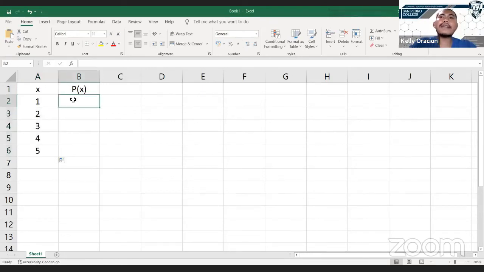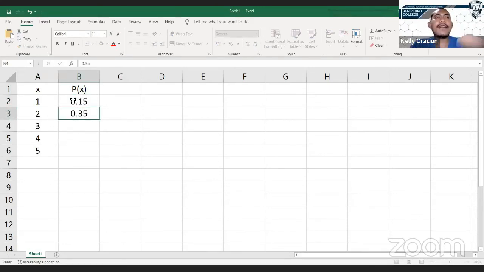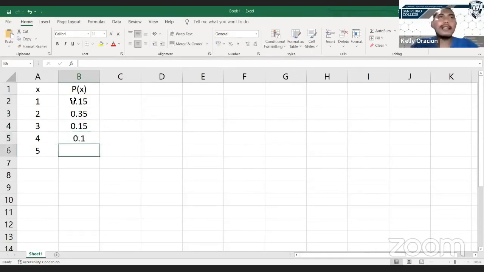Okay. The P of X: 0.15, next, 0.35, next, 0.15, next, 0.10, lastly 0.25.